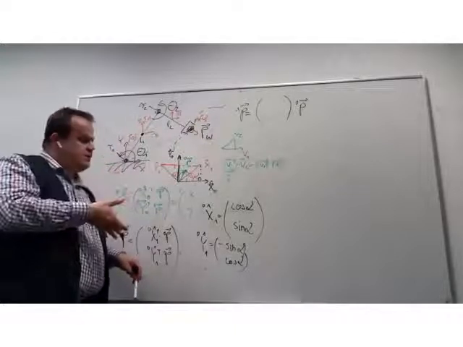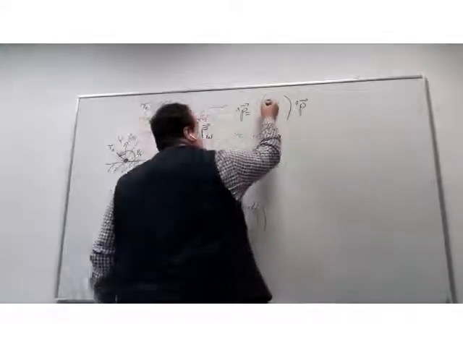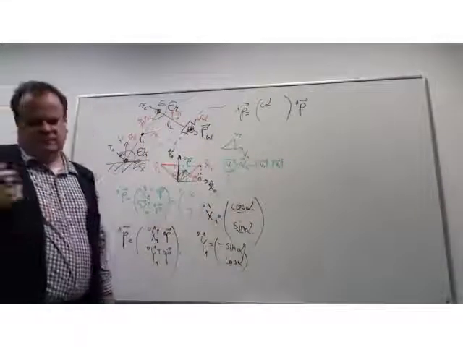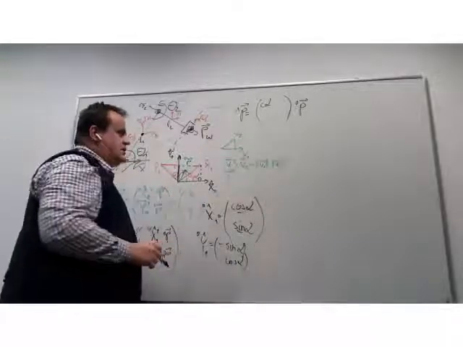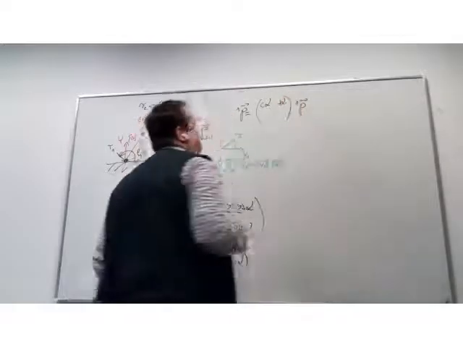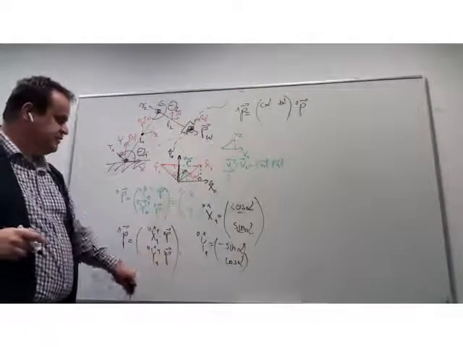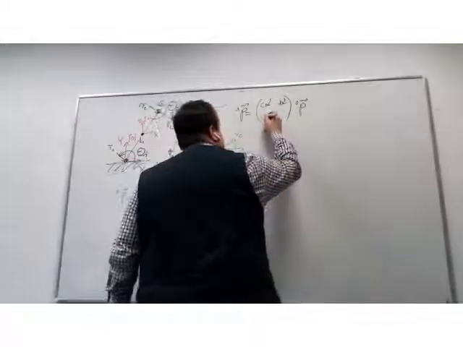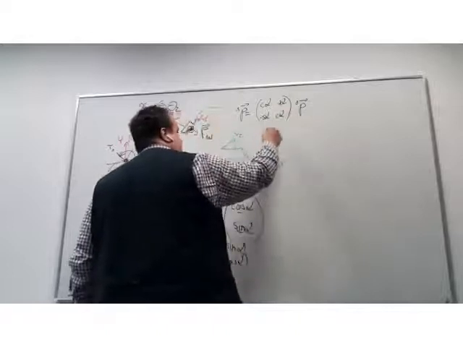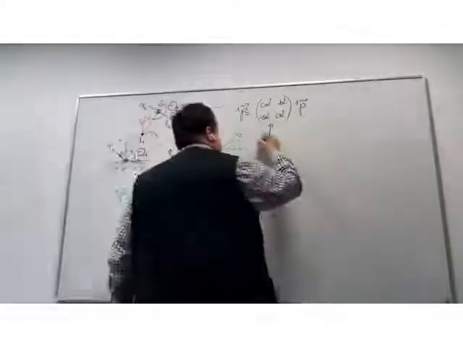So if the original was a column vector, this will become a line vector. I will write C alpha as abbreviation for cosine, and S alpha for sine. And the other one is also written as a line vector, minus S alpha, C alpha. And this is called an elementary rotation matrix.